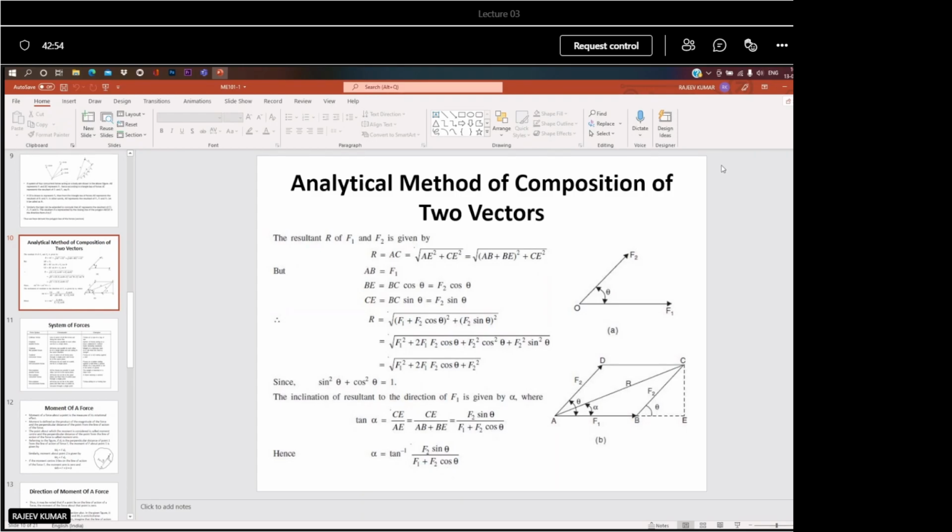So this is called the moment. Two parallel forces equal in magnitude: here you have seen that F1 and F2 are not parallel, they are coplanar but concurrent.